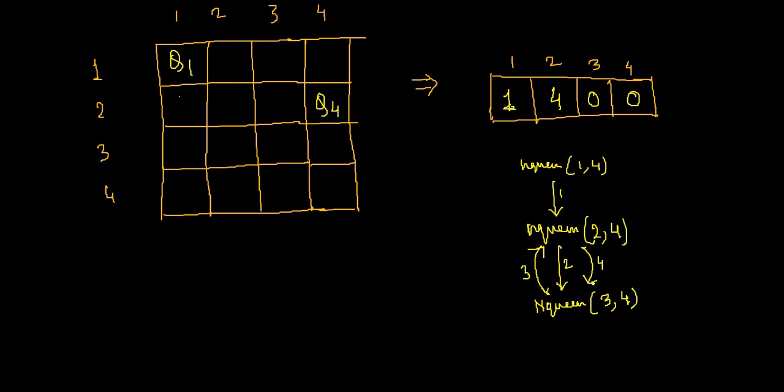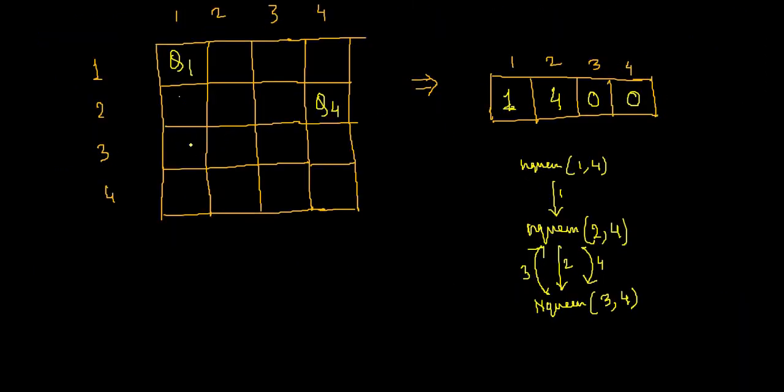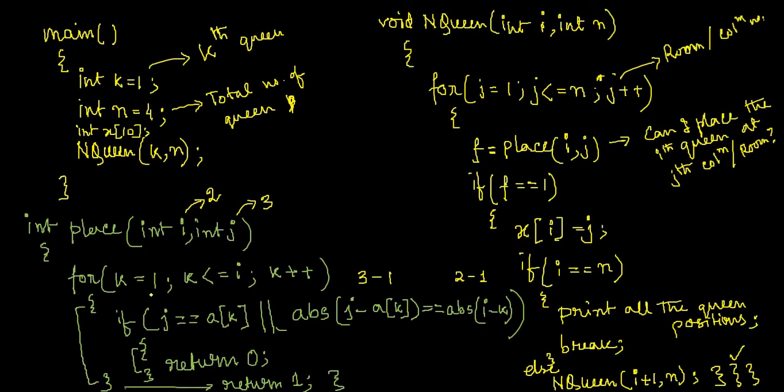So it will start from the beginning again. Now from this diagram, regarding the for loop of the queen 3, 4 function, when j is equal to 1, it is not possible to place, because if you place queen 3 over here, it is in the same column.